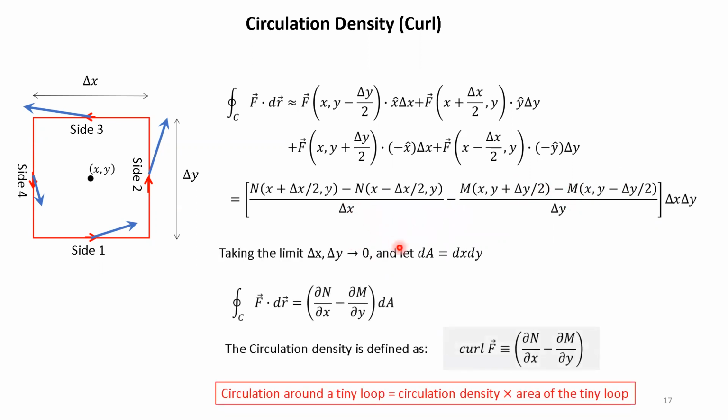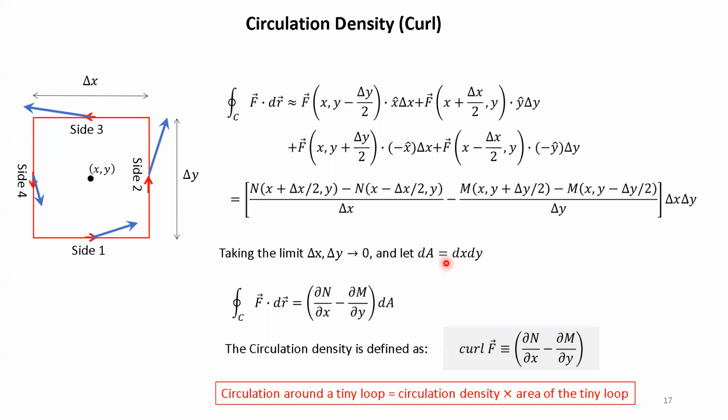So again, as we take the limit where delta x, delta y tend to 0, delta x becomes dx, delta y becomes dy. And this term minus this term becomes what we have over here. That's what I just said: partial N, partial x minus partial M, partial y, multiplied by this tiny element here, delta x delta y, which I call dA.